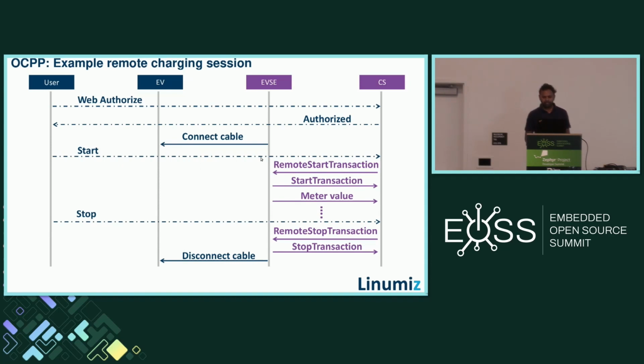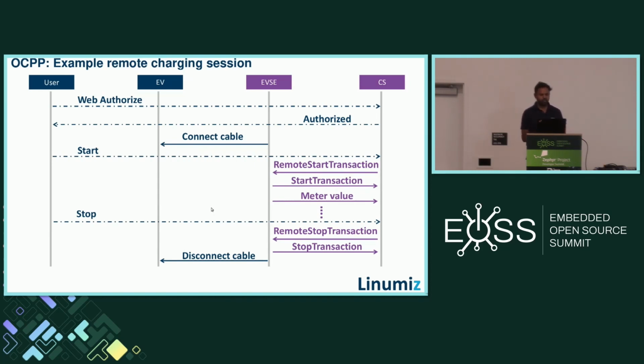After that, the EVSE is solely responsible for deciding whether it can deliver the power to the electric vehicle, based on whether good power is available, the cable is connected, and the proper conditions are met. Once charging has started, it sends a StartTransaction message to the central system. It carries the same cycle we saw in the previous slides, sending meter values frequently.